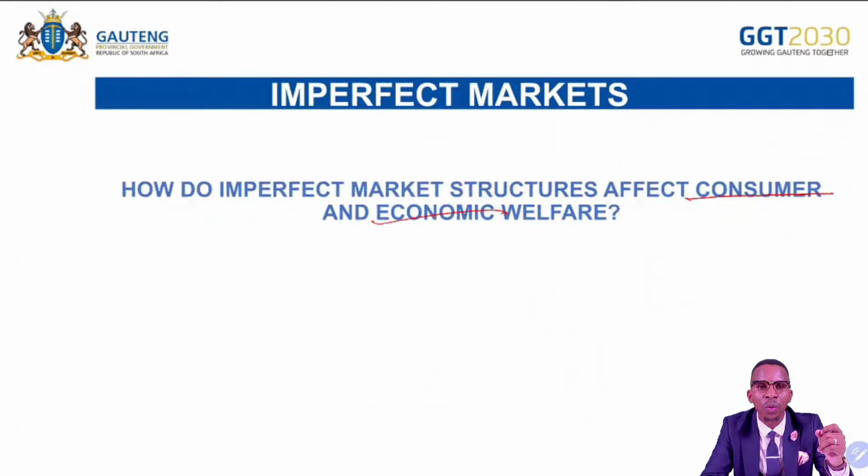So to keep up their profits, or to achieve supernormal profits in both the short run and long run, they increase their prices and decrease output. For that reason, consumers end up being exploited by these suppliers, who charge higher prices because they know consumers don't have any choice over the product. The firm is the only supplier of that particular product in that particular period.